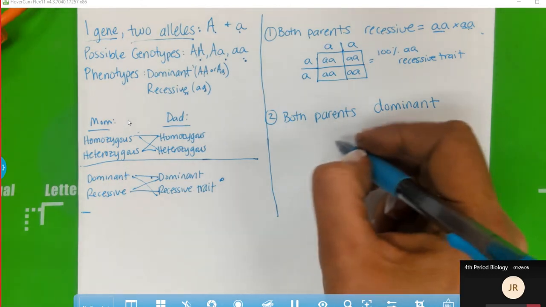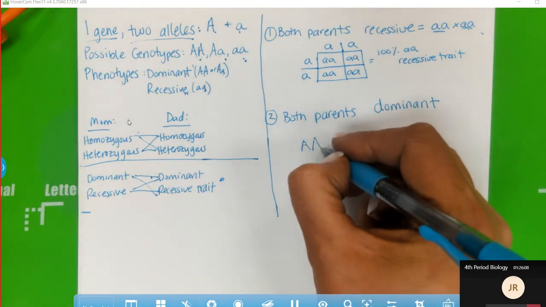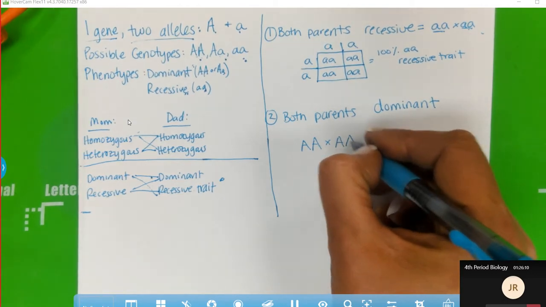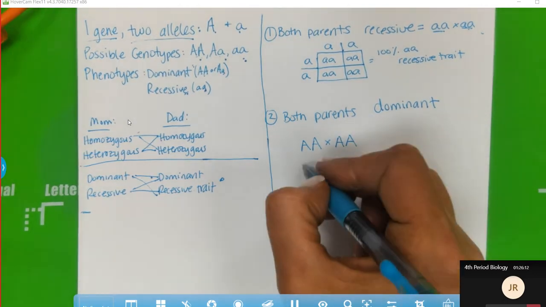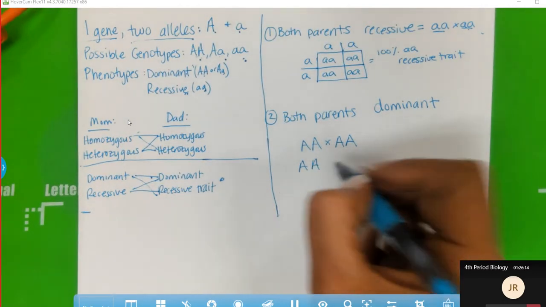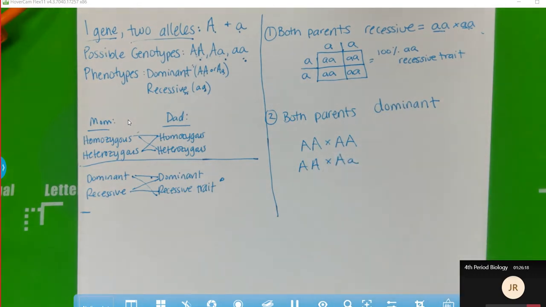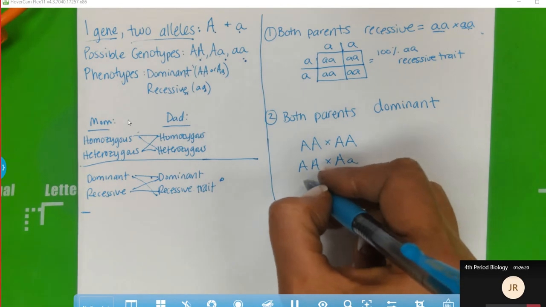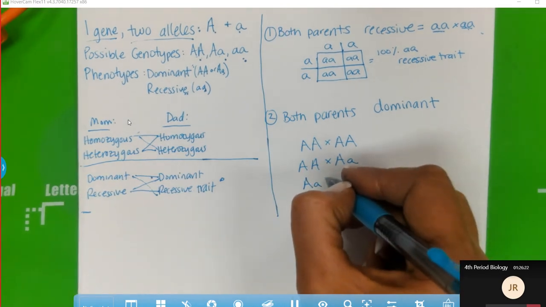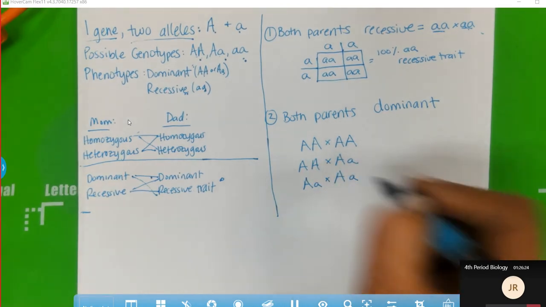So if both parents are dominant, you could have both parents homozygous dominant. You could have one parent homozygous dominant and one parent heterozygous, but showing the dominant trait. Or you could have both parents heterozygous.